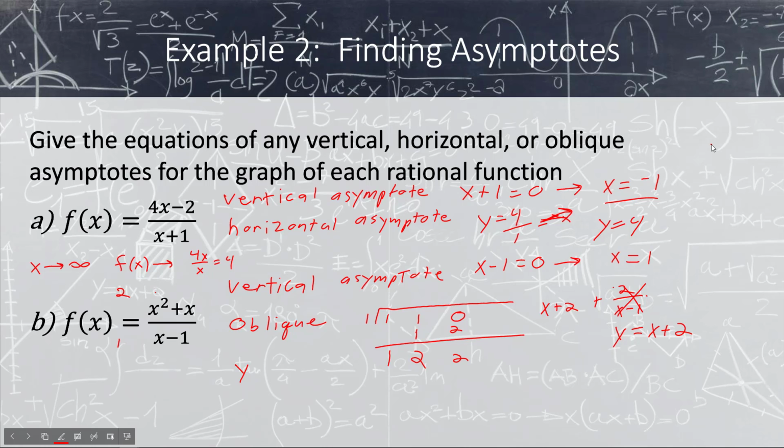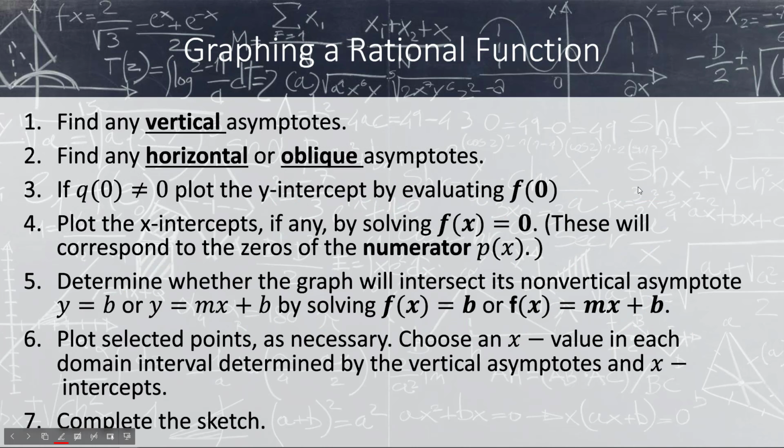Okay, so what do we have next? Next we want to talk about graphing rational functions, and I have a handy-dandy 7-step process for you. First thing you want to do is find any vertical asymptotes, and now we know how to do that. Secondly, we want to find any horizontal or oblique asymptotes, assuming, of course, that they exist.